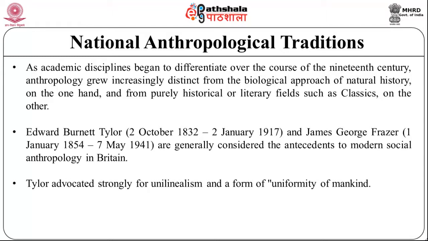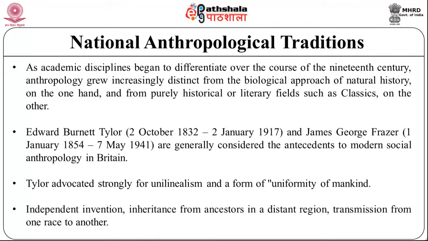Tylor advocated strongly for universalism and a form of uniformity of mankind. Tylor, in particular, laid the groundwork for theories of cultural diffusionism, stating that there are three ways that different groups can have similar cultural forms or technologies: independent invention, inheritance from ancestors in a distant region, and transmission from one race to another.